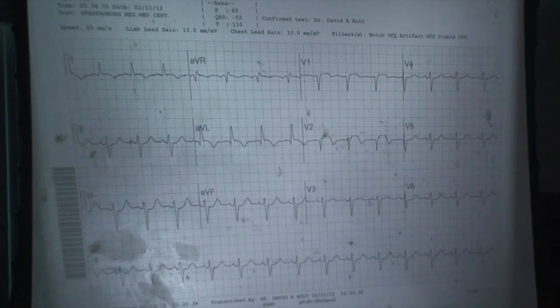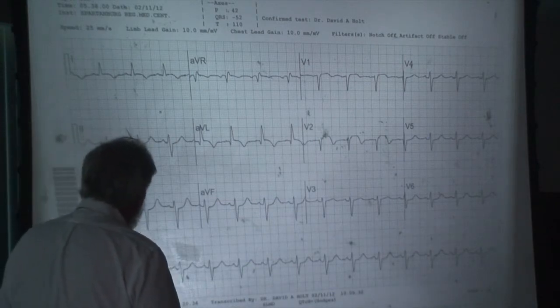Pretty much 4 abnormal leads. V1, V2, V3 and lead 1, 2 and AVL. Lead 1 and AVL and V1 and V2, pretty much. Otherwise normal.